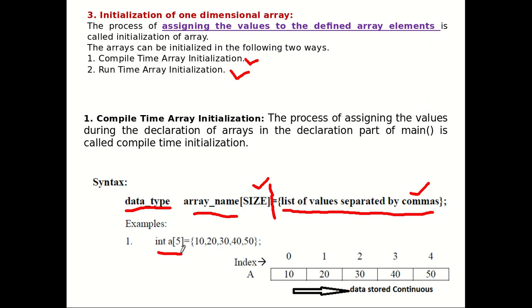Here we have declared an array A of size 5 and of type integer, and immediately we assign the values. The 10 will be stored in the first location, 20 in the second location, and so on. The last value will be stored in the fourth location, and all these values are stored continuously in memory.